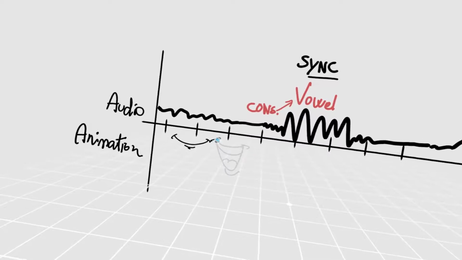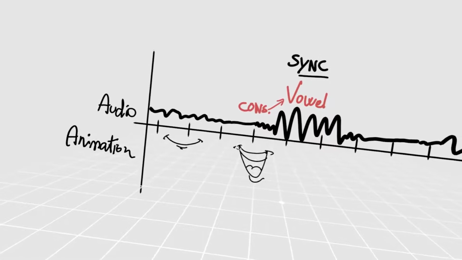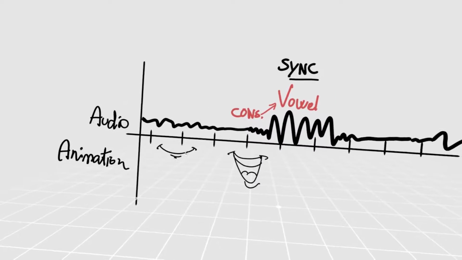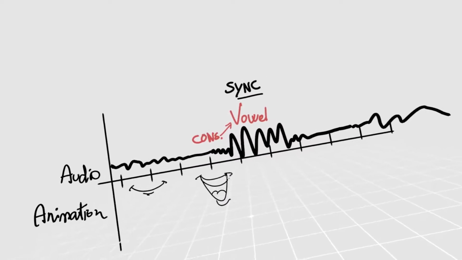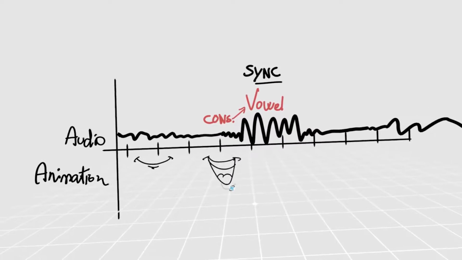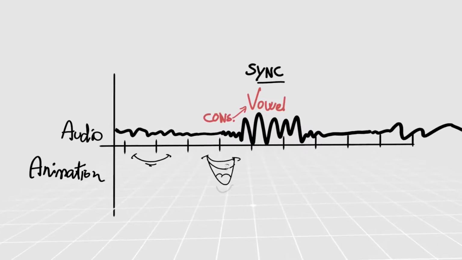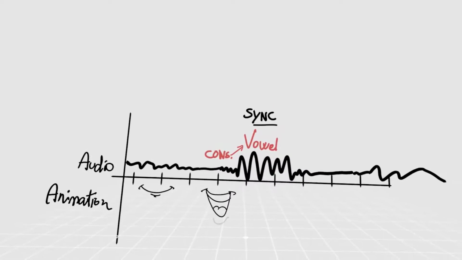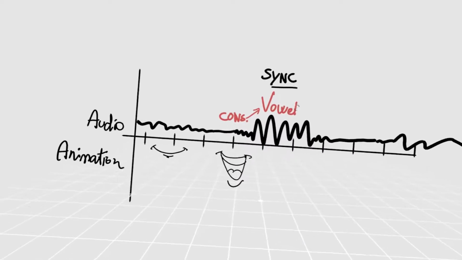Or maybe sometimes we give this transition one frame in between, normally favoring the consonant. So as a general rule, the mouth is open before the actual sound comes in on the wave. Does that make sense?